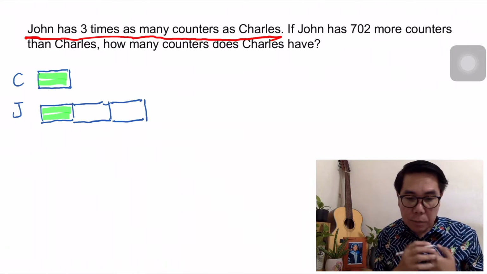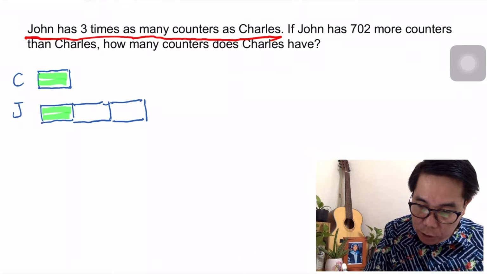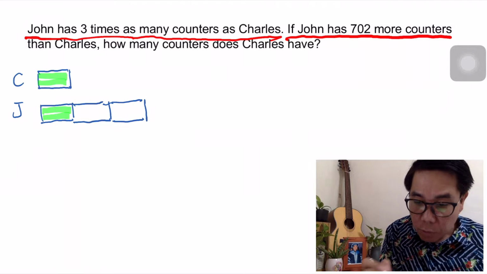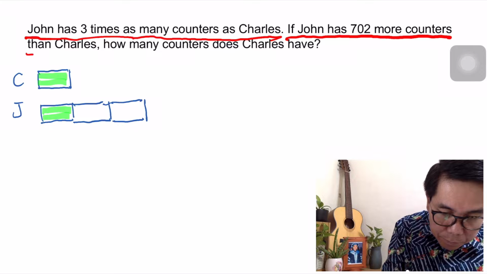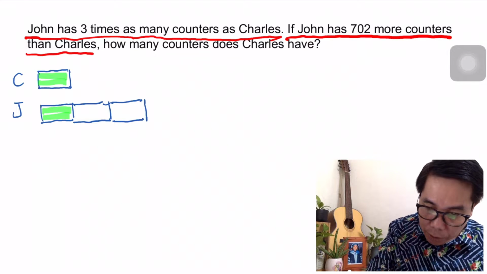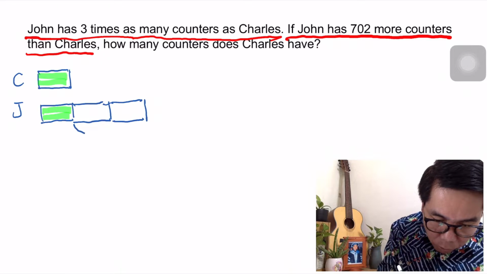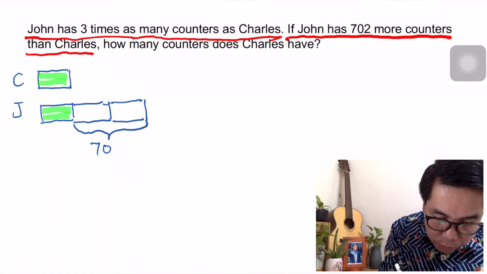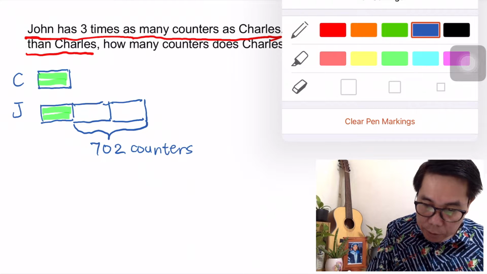Now, then let's continue. If John has 702 more counters than Charles, this one, so we can add additional information here. This one is more, and this one is 702 counters. Then let's continue.